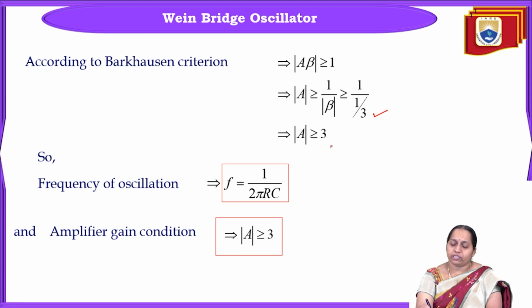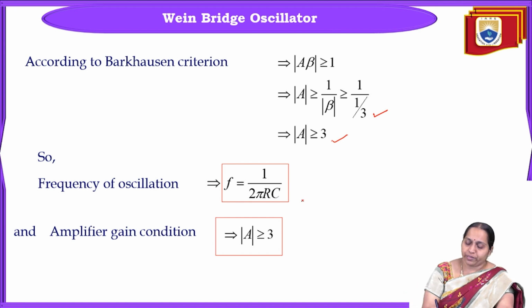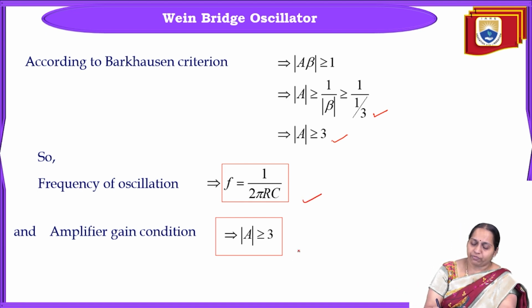So 1 by 3 will give you 3. So modulus of A should be greater than or equal to 3. That is the gain of the basic amplifier that we are using. It should be at least equal to 3. So frequency of oscillations is 1 by 2 pi RC, and the amplifier gain condition is modulus of A should be greater than or equal to 3 and beta should be greater than or equal to 1 by 3.